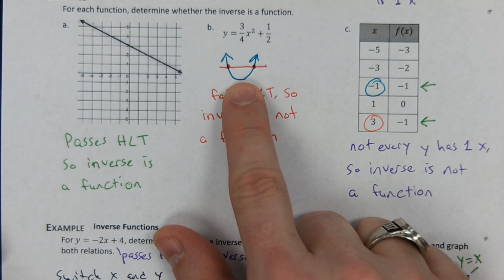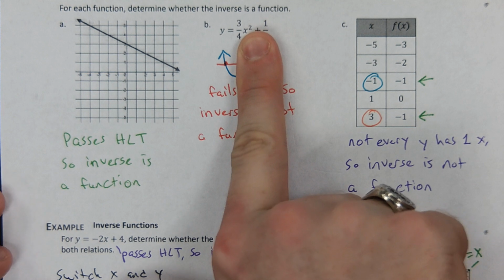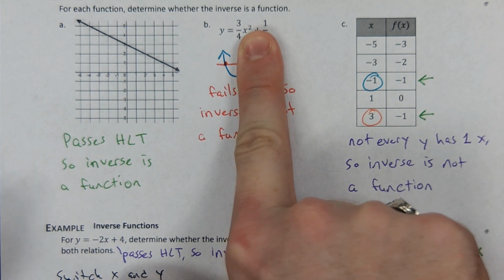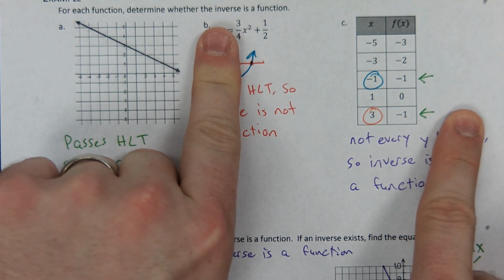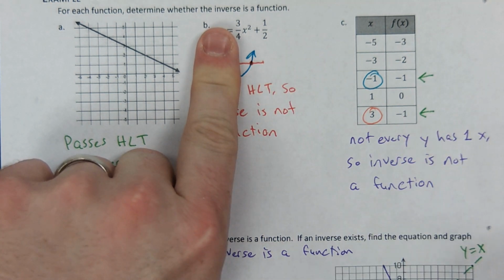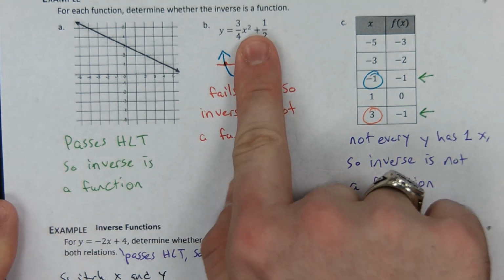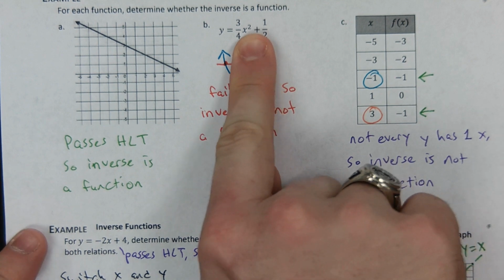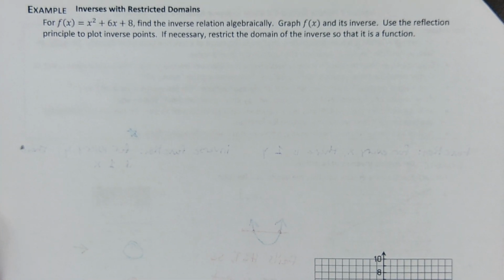And we split it in half using its domain. So we cut the domain in half. So we could say the left half of the graph or the right half of the graph. Because you notice if you only have one half of the graph, it's going to pass the horizontal line test, isn't it? Now the inverse of that is a function. The inverse of that is a function. But they're two different inverses. It requires us to restrict our domain.